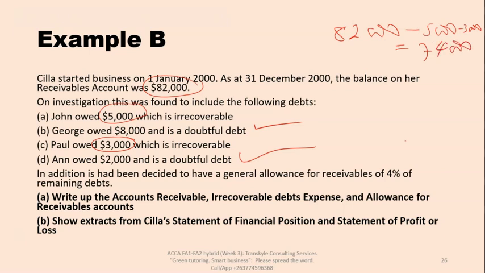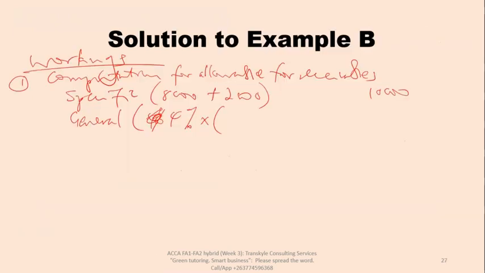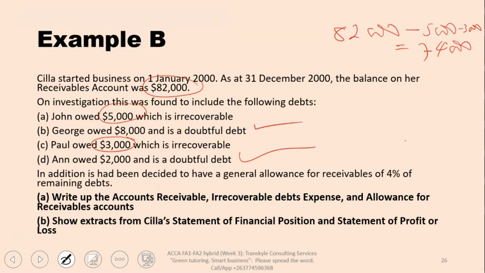We can't ignore them. 74,000. And we also need to consider some other guys here.